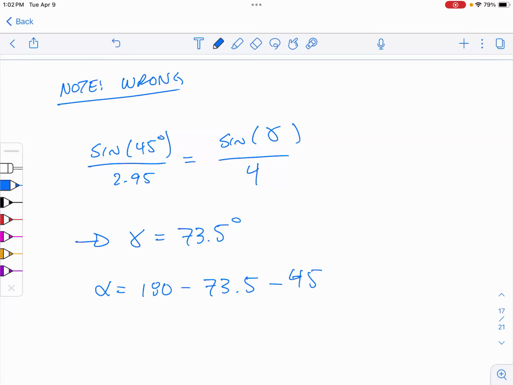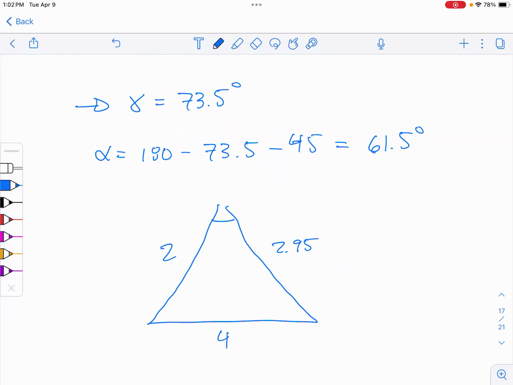So back to our triangle, when I put all these in, this is what I would get.